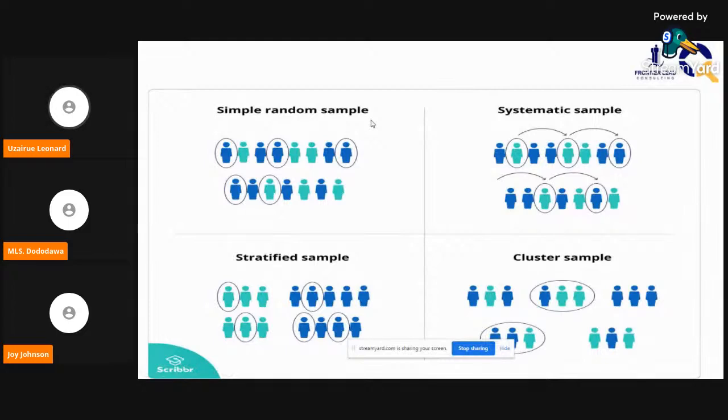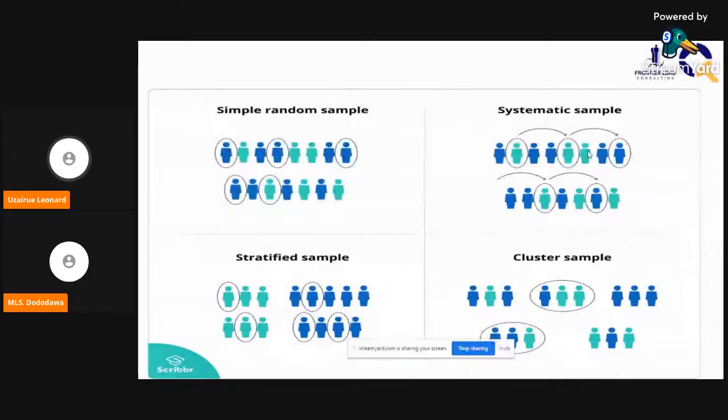Then when we move to systematic sampling, it means that systematic sampling is similar to simple random sampling, but in this case, it's usually easier to conduct. The reason it's easier is because every member of the population is listed with a number. But instead of randomly selecting this number, individuals are chosen at regular intervals.